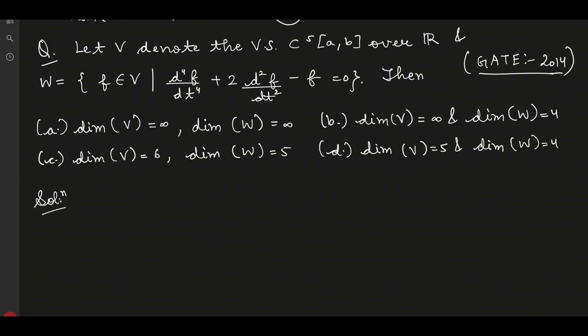See, this is the complex space C5, so complex dimension over C. This vector space C5[a,b] is the vector space of continuous functions which are 5 times differentiable.